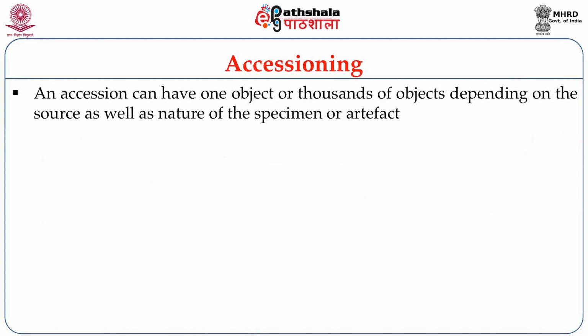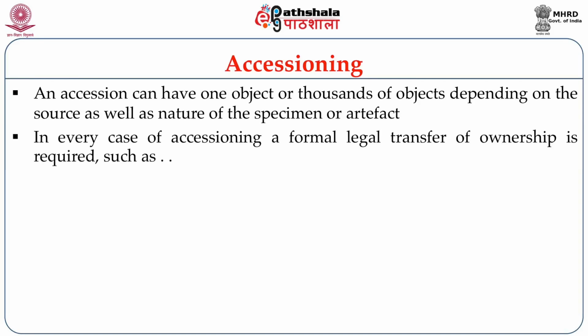An accession can have one object or thousands of objects, depending on the source as well as the nature of the specimen or artifact. In every case of accessioning, a formal legal transfer of the ownership is required.